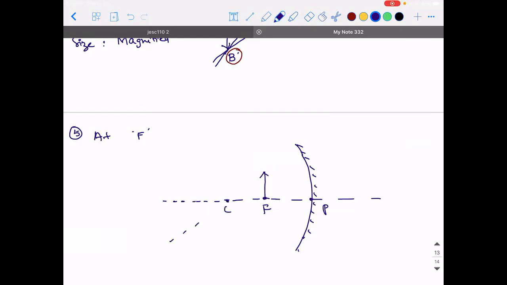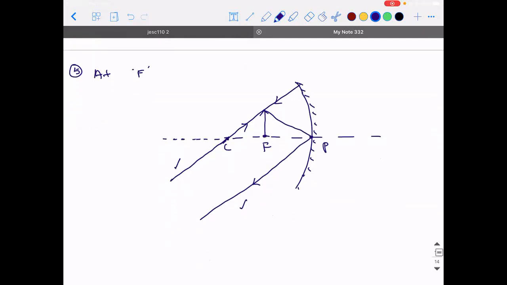One ray, I will take through the center of curvature. If I take it through the center of curvature, then the ray after reflection will pass through the same point, right? Then I will take one of the rays hitting the pole, and this will also pass in this way. So this reflected ray and this reflected ray are parallel to each other.